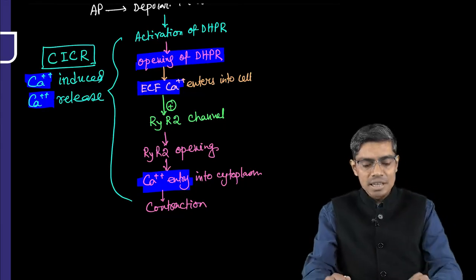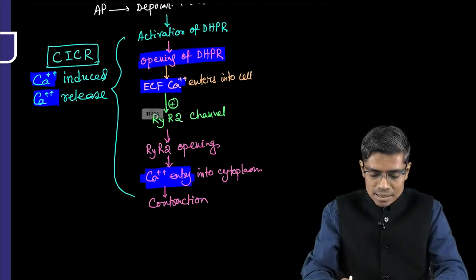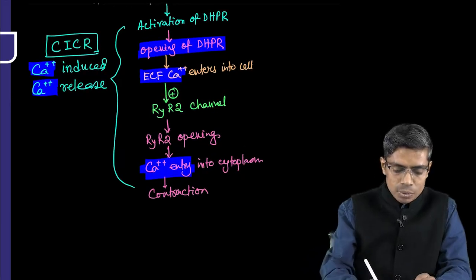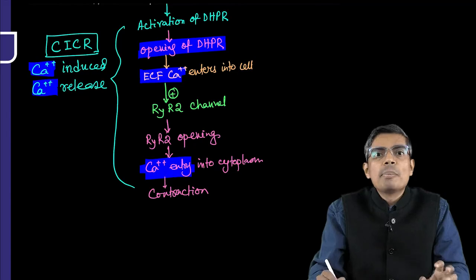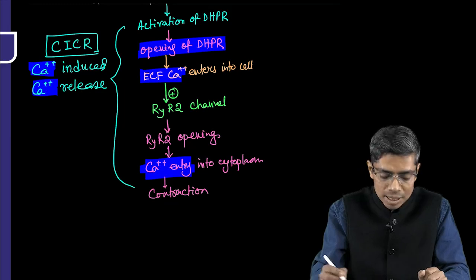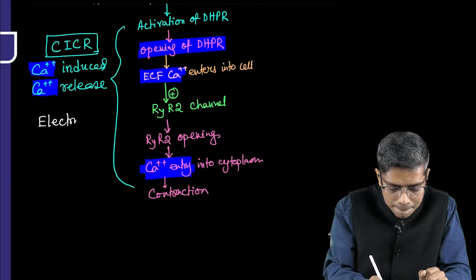Calcium induced calcium release is particularly not seen in skeletal muscle. It is a dominant phenomenon in cardiac muscle. And if I ask you what type of coupling is occurring here between DHPR and RYR, this is known as electrochemical coupling.